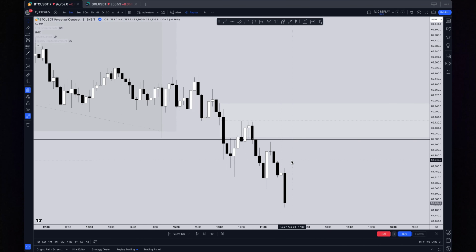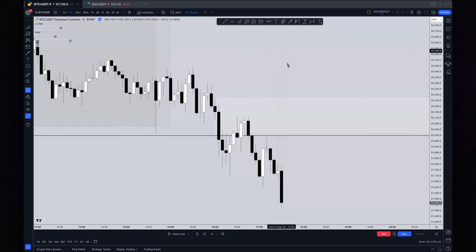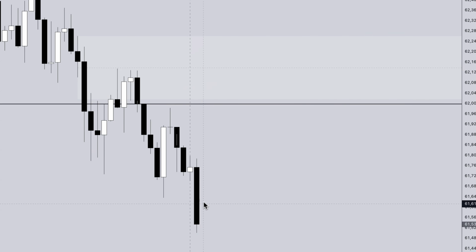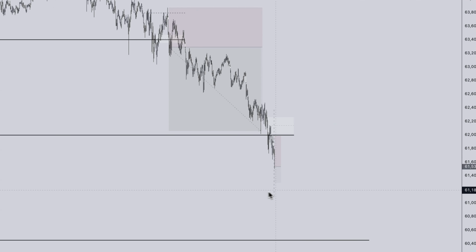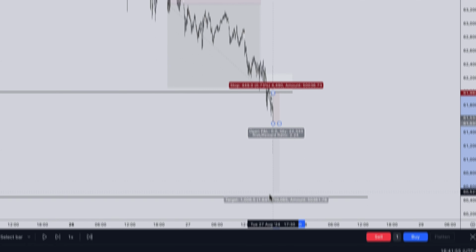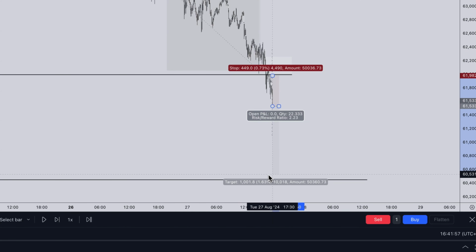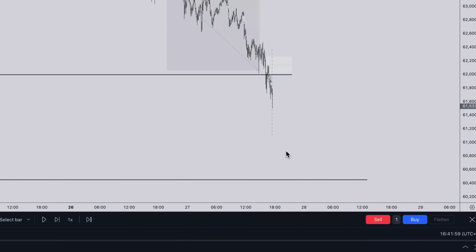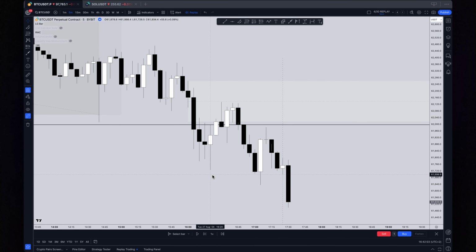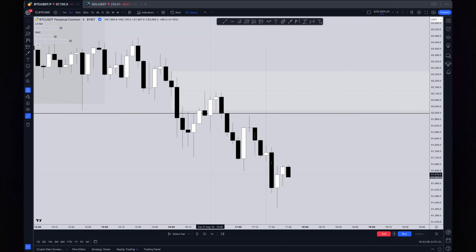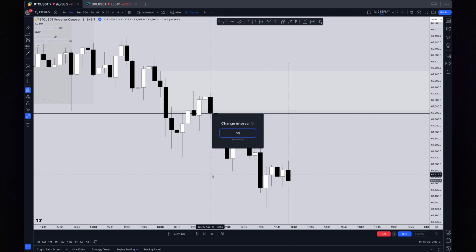It's just not at the area I'd like to see it. But I'm gonna take it. It's just such big stop losses. No, I'm not going to take it. I'm going to wait, see what price does. Have a look.